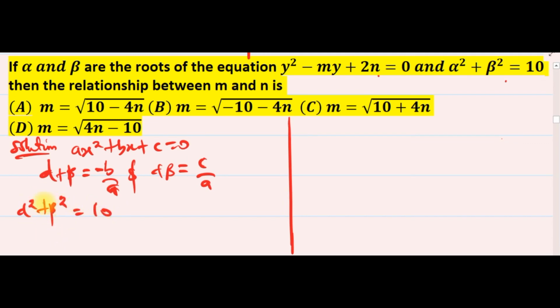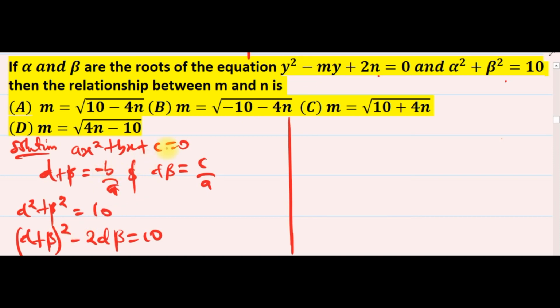With this, we'll apply an elementary identity that states that the sum of the squares is always alpha plus beta squared minus 2 alpha beta. If you expand this, you get back this. So from the equation, let's now substitute.